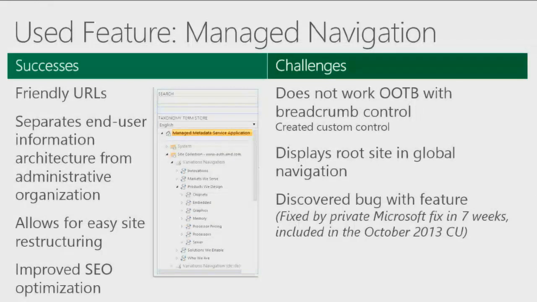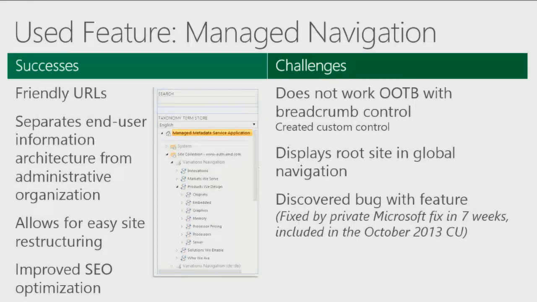This also allows us to not have our physical site hierarchy based on the information architecture that we want to display to the users, which is a huge relief for us. I mean, how many subsites? 200 subsites per variation. So we could build out that architecture now.